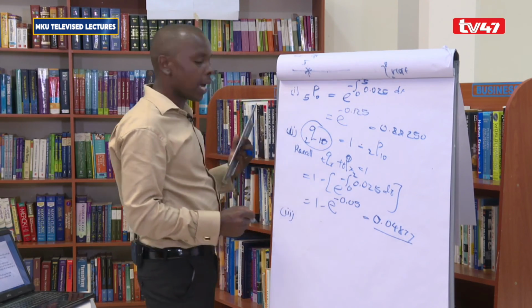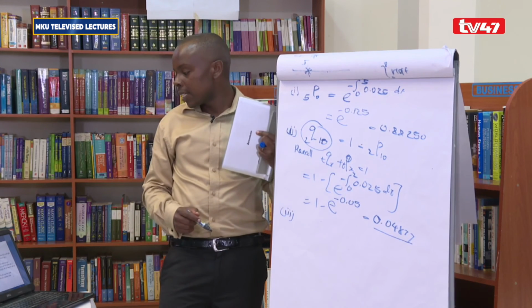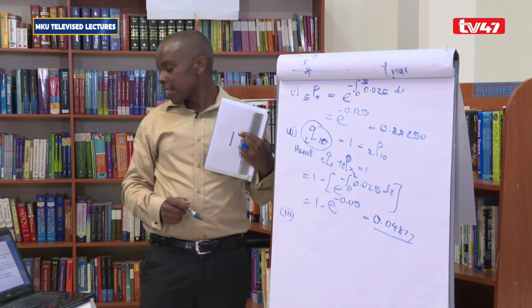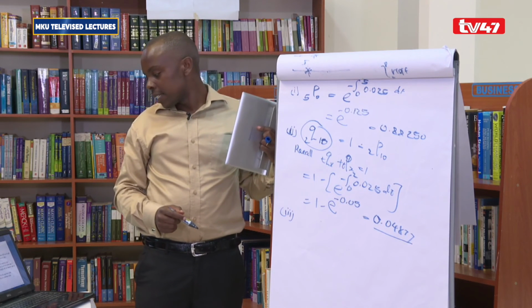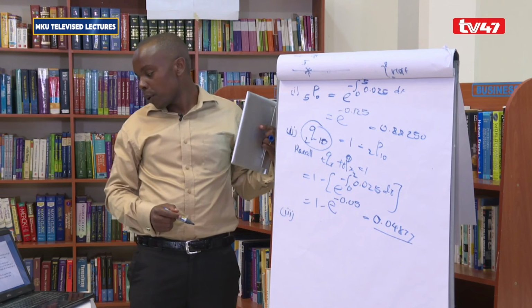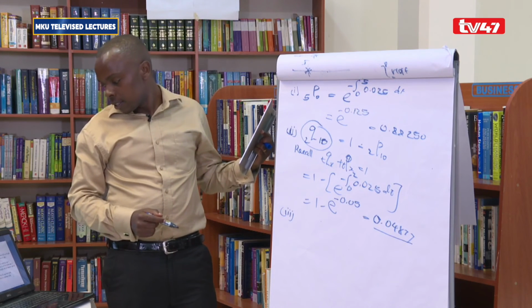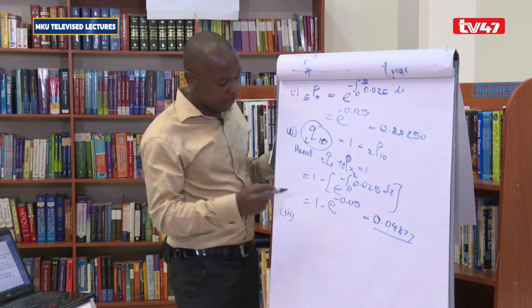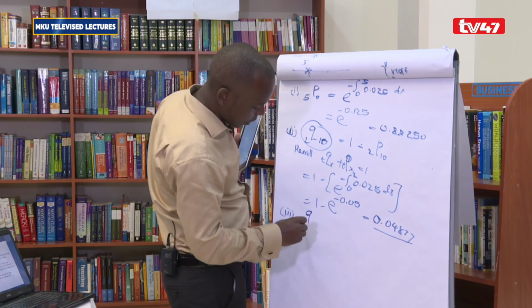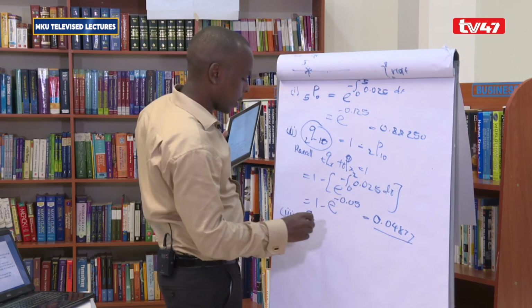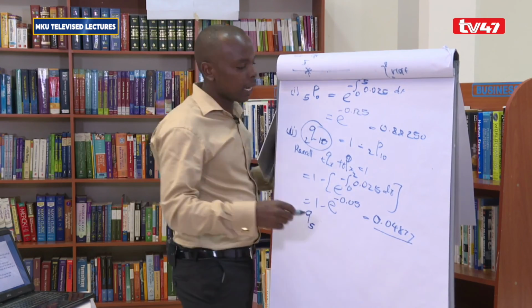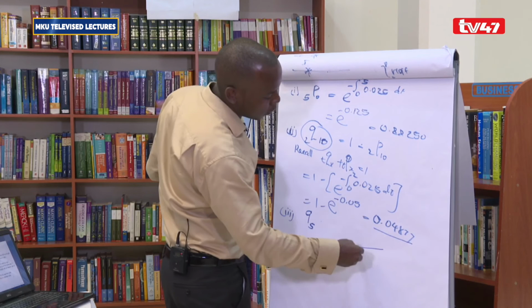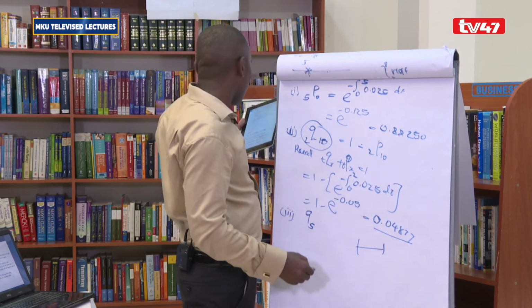Then the other one is the probability that a life aged exactly 5 will die between ages 10 and 12. So this life is aged 5 years. But then we want to compute the probability that this life dies between ages 10 and 12.